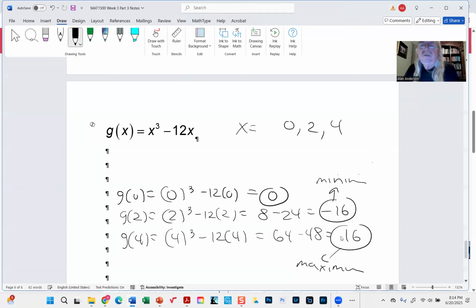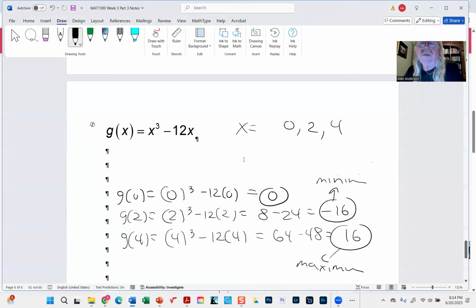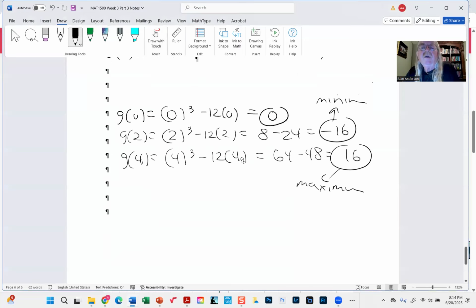So at 2, it reaches a minimum. At 4, it reaches a maximum. Right, 2 is right about here. This would be 4, or no, 4 is over here. Like I said, it's hard to tell from this graph, but this is what our results are.